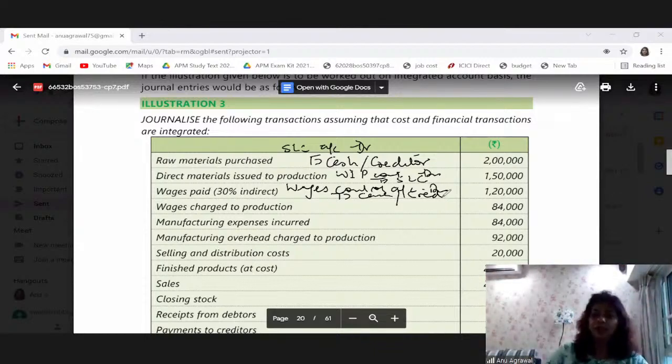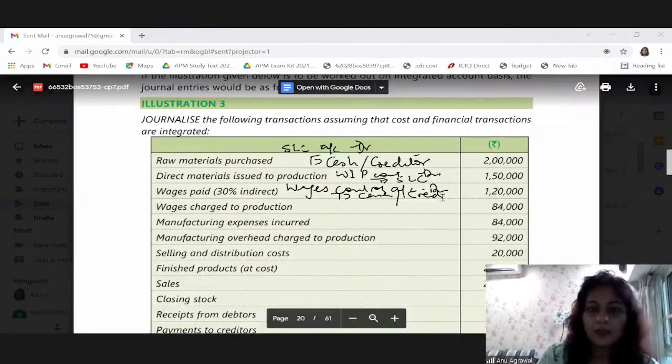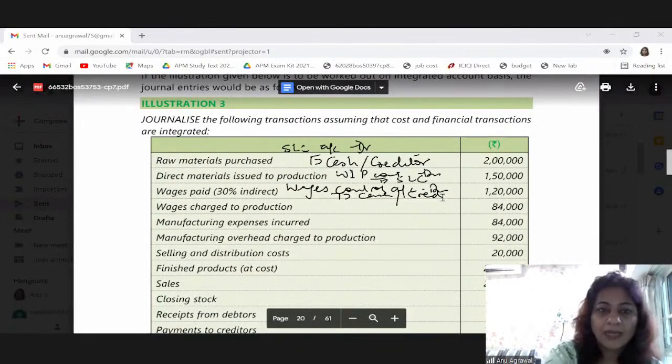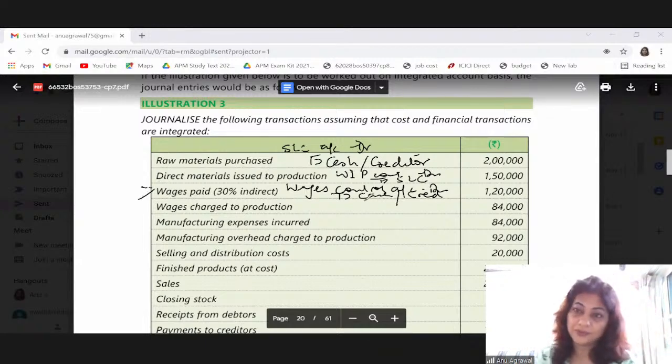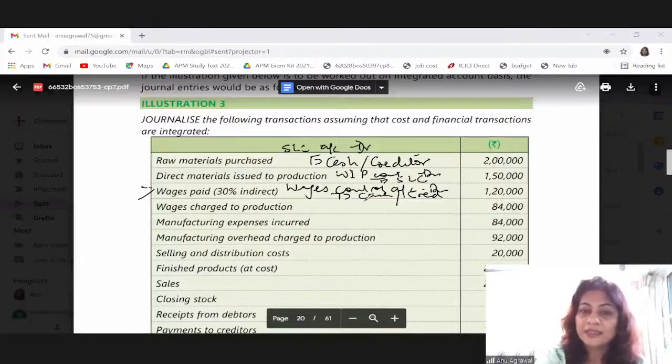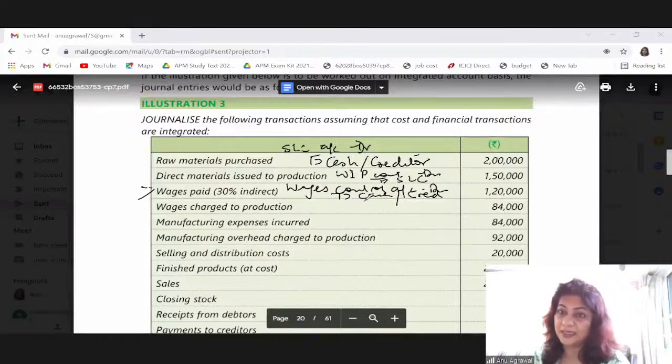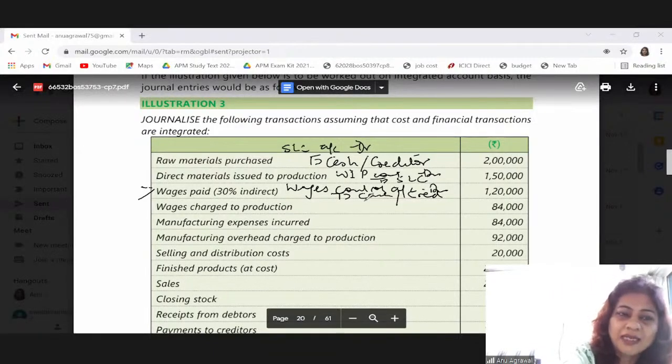To creditors for expenses. And after here, you have to pass the entry. So here there is a difference. If it was integrated, non-integrated, instead of to cash or credit, I would have passed the entry to sales. But after that, the entries are going to be same.